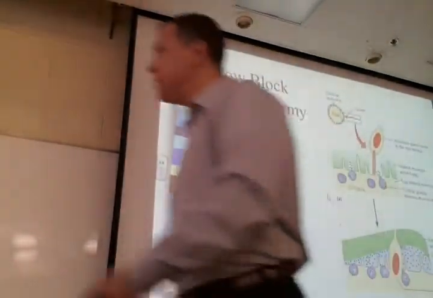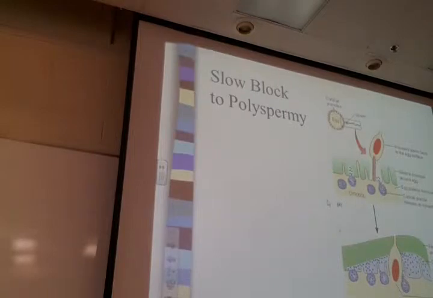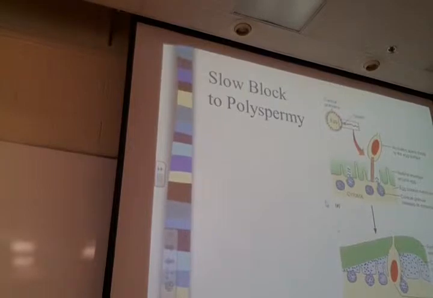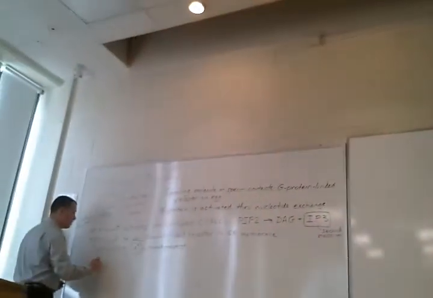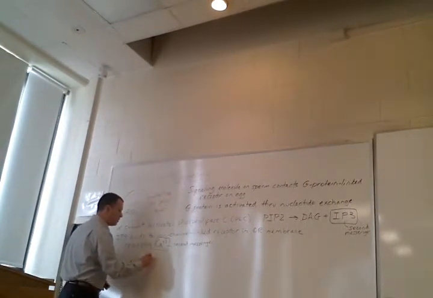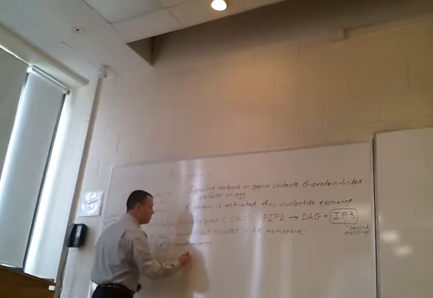So in the egg, a whole bunch of vesicles filled with all kinds of different proteins. I'm just going to draw a couple in. These are called cortical granules. And that calcium is going to cause secretion of the contents of these cortical granules.